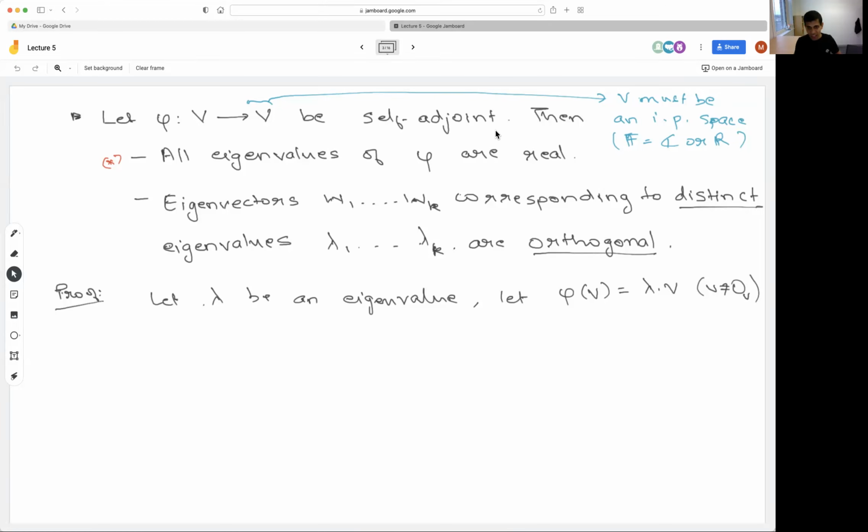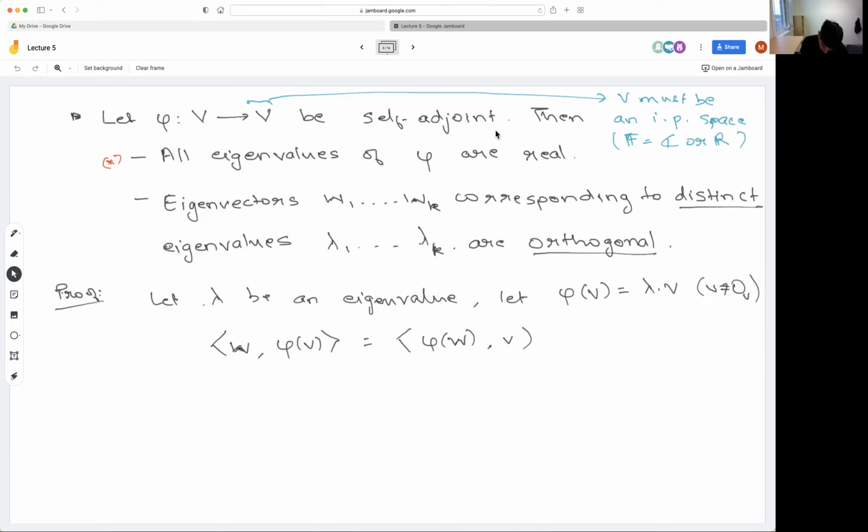Now we'll use the only thing we know about self-adjointness. When we have the inner product of W and phi of V, we can write it as the inner product of phi of W and V. But now we'll apply this to the same vector V, which we know is an eigenvector.